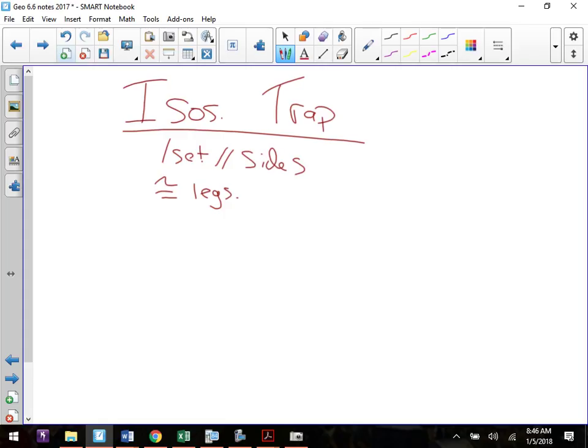And it kind of stems from the idea of isosceles triangles. When you have isosceles triangles, you've got two congruent legs. Remember, the legs always looked at the congruent base angles? It's the same idea with the isosceles trapezoid then. If these guys are congruent, that means that the angles that they're looking at are also congruent.